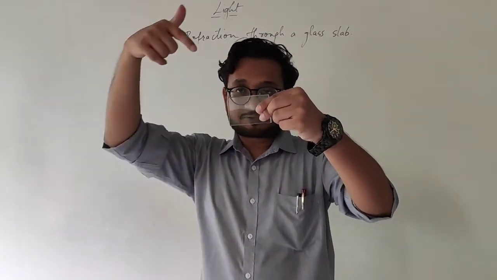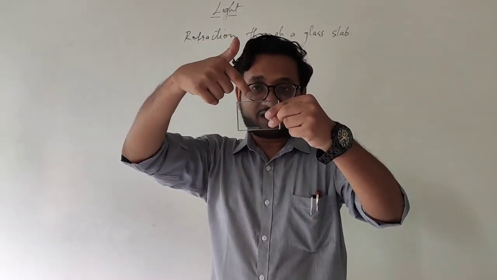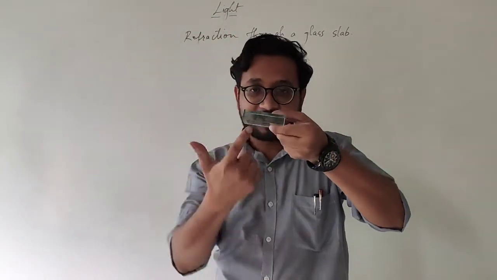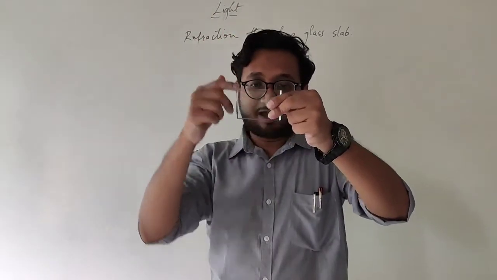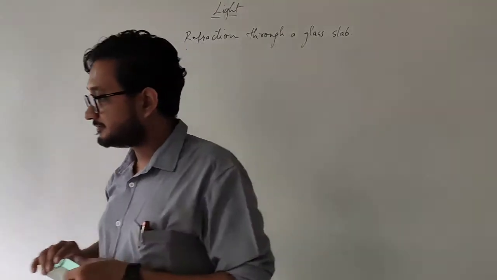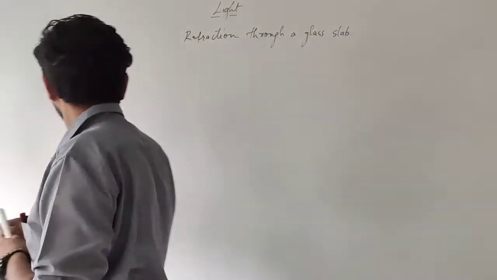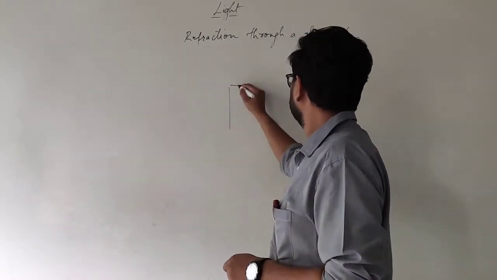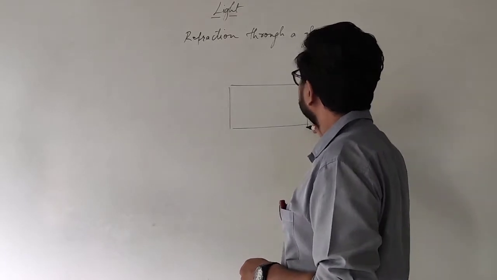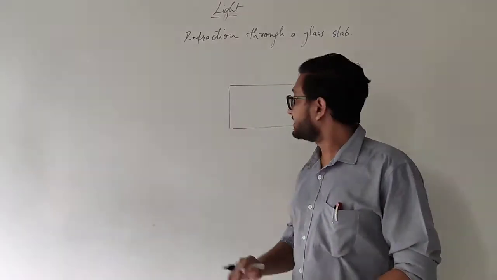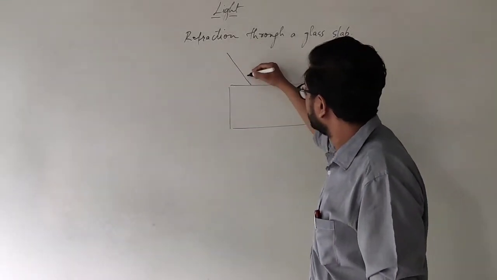We will talk about the experiment, imagining a ray of light entering from this side and exiting from this side. So we place a glass slab like this, and a ray of light is incident on the top side like this.